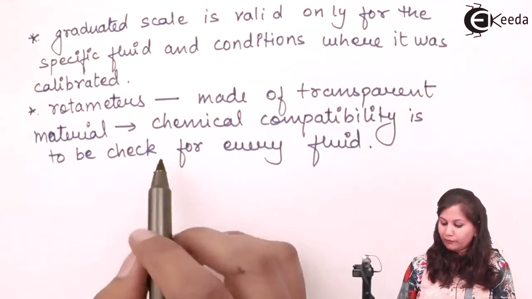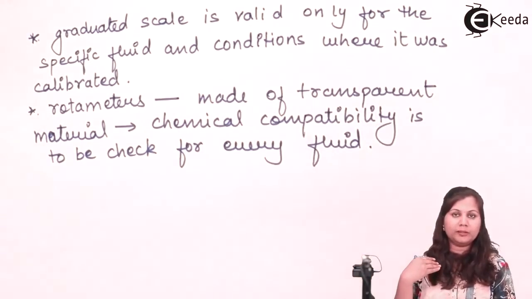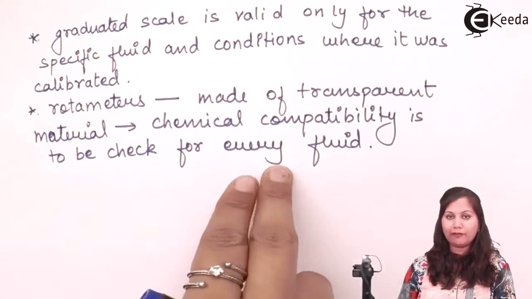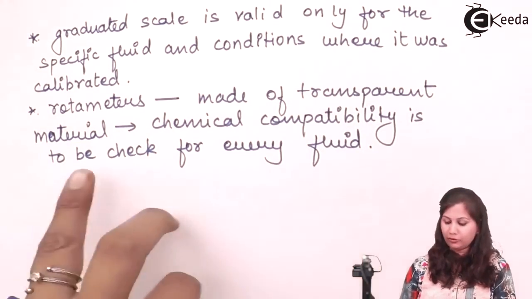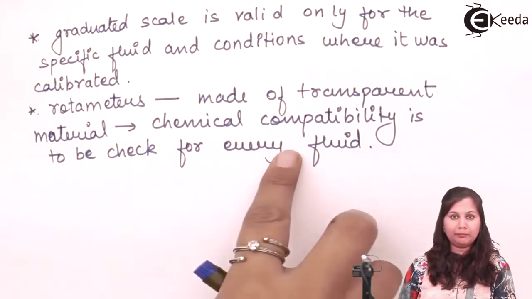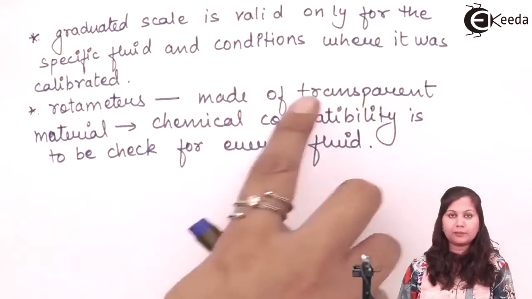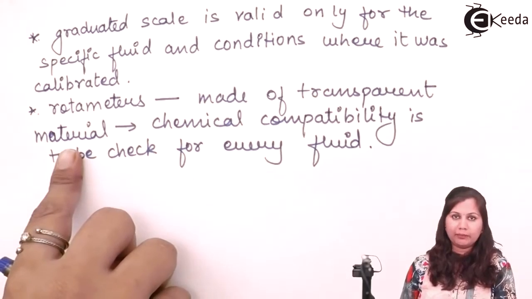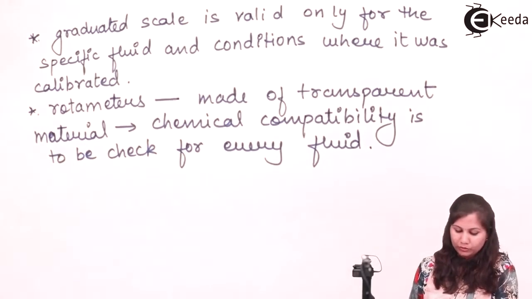So before doing any measurement, we have to check the chemical compatibility of that fluid with the material of which the rotameter tube is made. So these are the disadvantages of the rotameters.